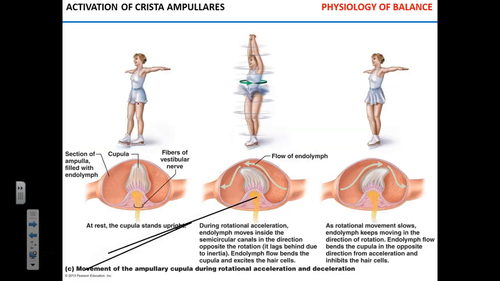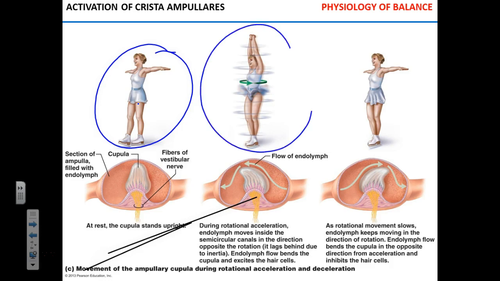Now, this is what's going on during the rotation. You're standing still, and then you start to rotate, and you accelerate. Does that make sense? When you accelerate, endolymph flows in the direction opposite the direction of the rotation. Try it with a glass of water. Rotate the glass, and you will see the water will stay in the same place for some time. Does it make sense? Okay?